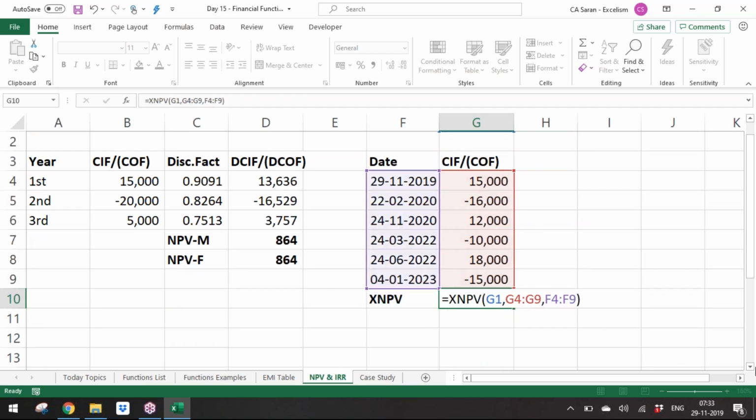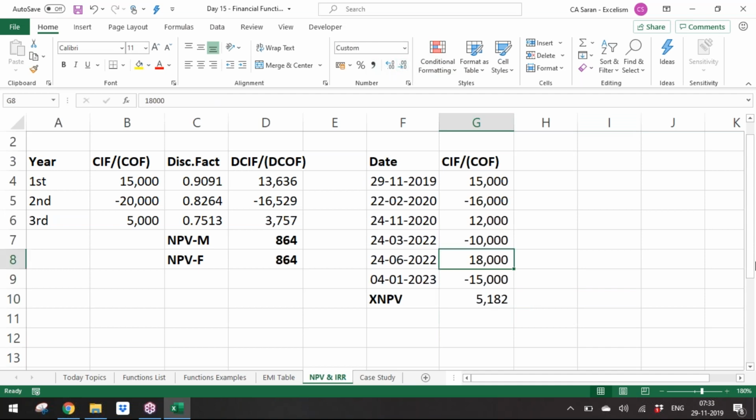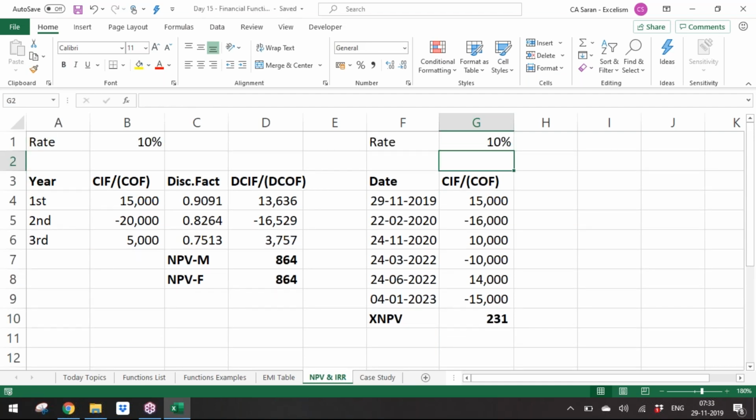Close bracket. Enter. See, 5,182. For example, just to make it small, let me put 15,000, or let me put 10,000, or 12,000 and so on. Oh, let me put 14,000. Okay, so yours is just 231 NPV, right?